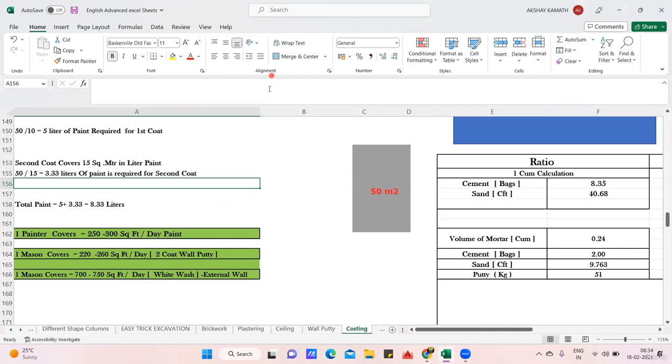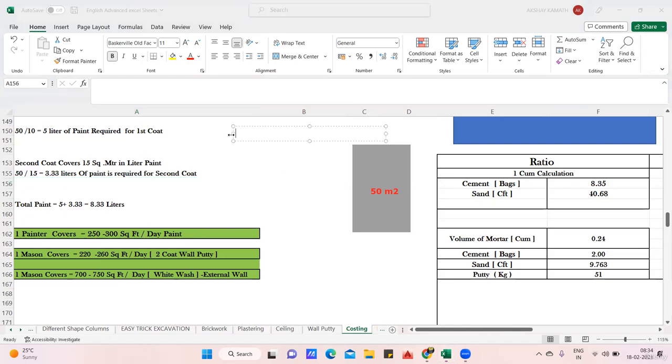Tomorrow, let us say I have 1000 square meter of area to be painted, and somebody asks you within how many days you can finish it. Simple. We know 1000 is the total area, and in one day 250 to 300 is going to be covered. I'll take 250, though you can take 275 also. So 1000 divided by 250 is 4.